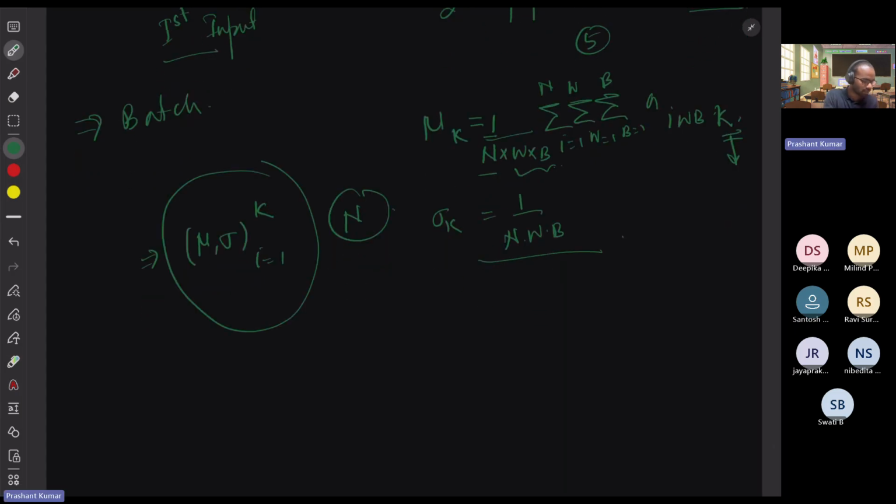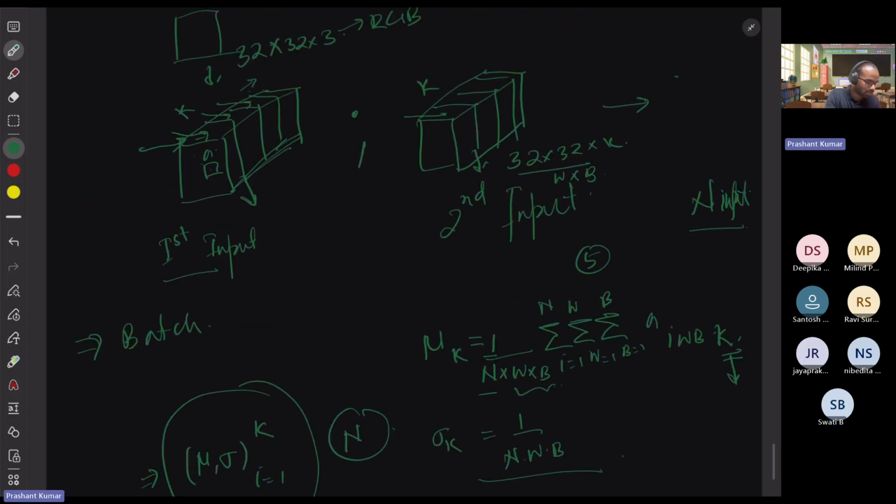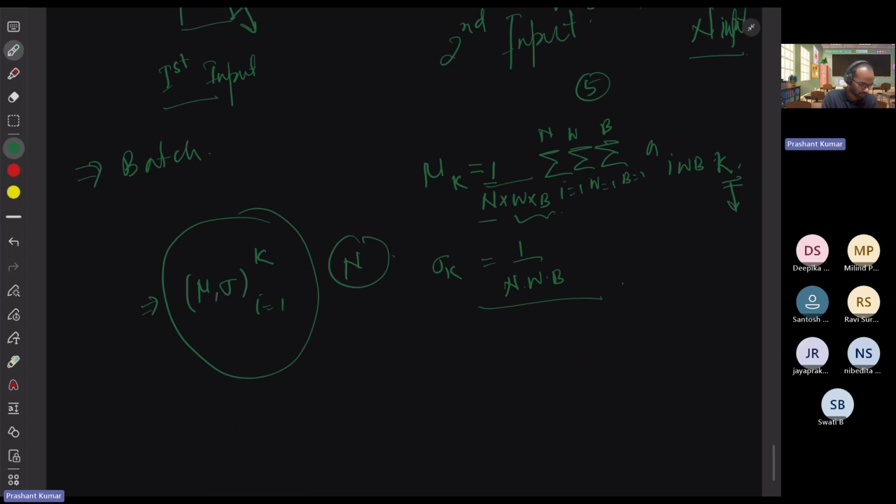So if I am calculating this mu and sigma, then I can normalize these inputs, whatever the kernel outputs I have got. What notation can I write for x?